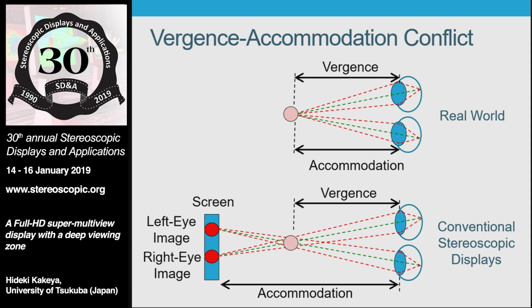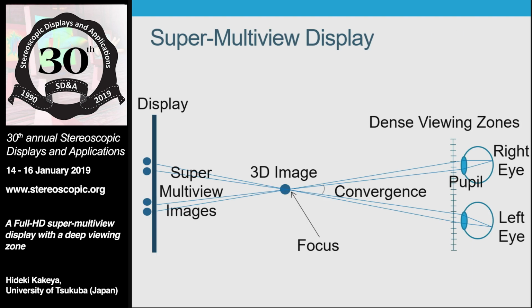So the vergence is reproduced while the light is coming from this screen, so the eye's focal accommodation should be fixed on the screen to see the object clearly on the retina. So the distance given by the vergence and the distance given by accommodation contradict each other. That's the problem of the conventional stereoscopic displays.